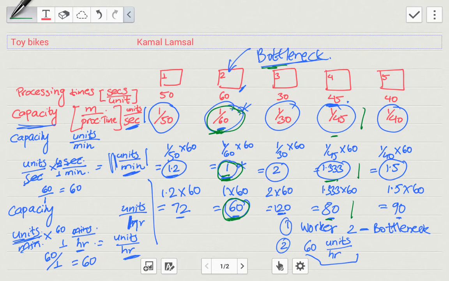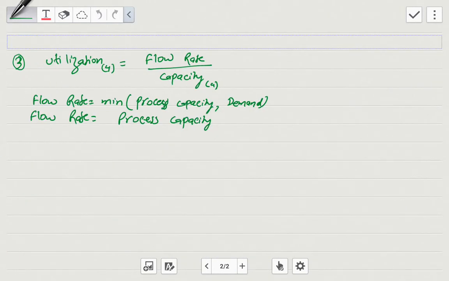You can express it in any unit you want, but to calculate the utilization, we have to make sure the flow rate and the capacity of the station for which you are calculating the utilization are in the same unit. You have to make sure these are in the same units. Let's do all three variations.